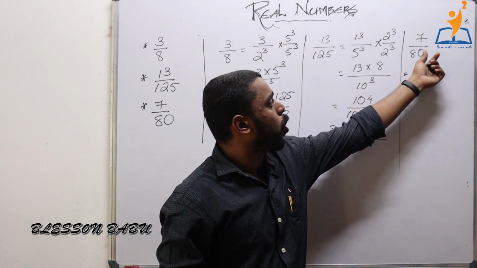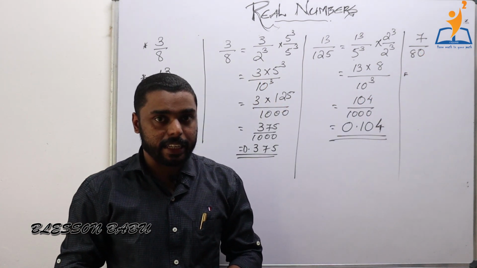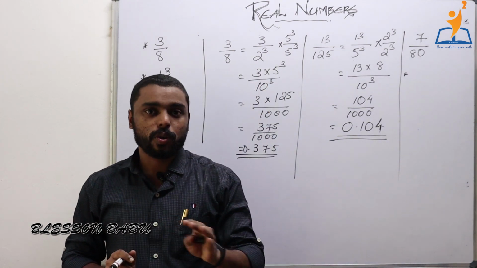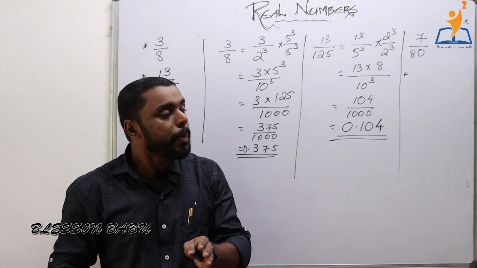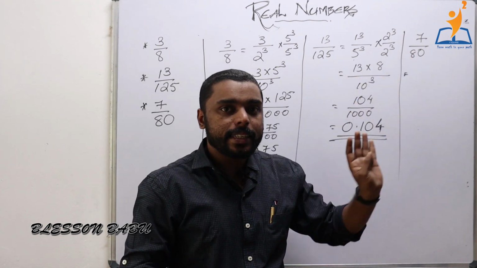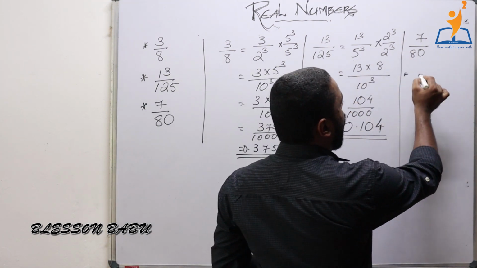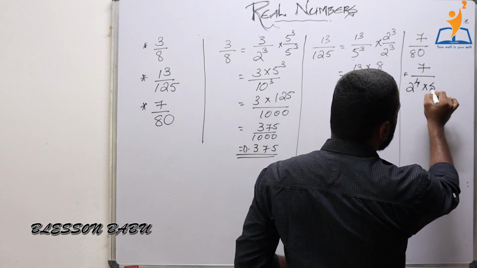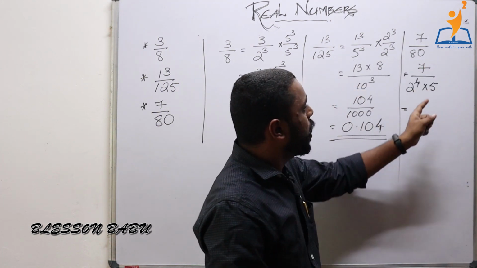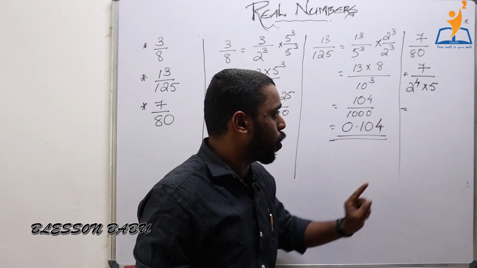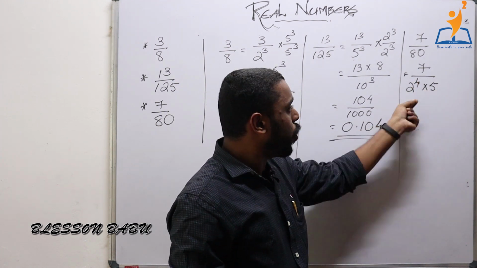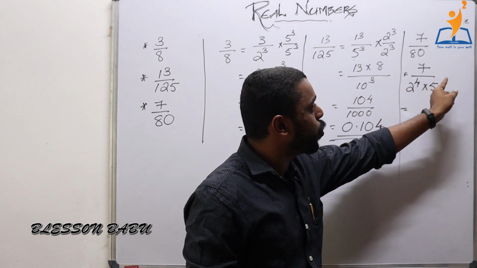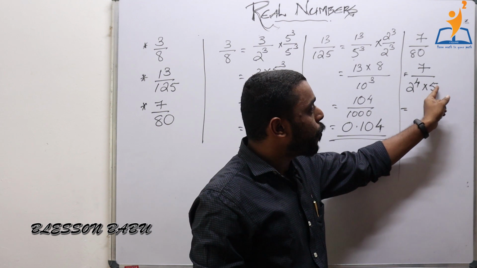Coming to the third problem, 7 by 80, we have 80 equal to 2 raised to 4 into 5. Now here we have 2 raised to 4, and also a 5. So in order to make this 10 raised to 4, it is enough to multiply the numerator and denominator by 5 cube.